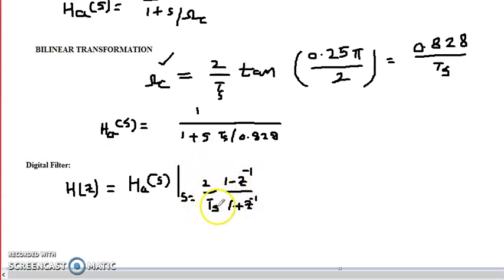This transformation we derived last time. This is the bilinear transformation.